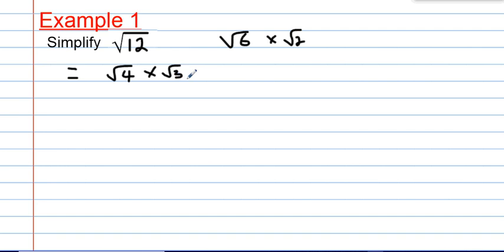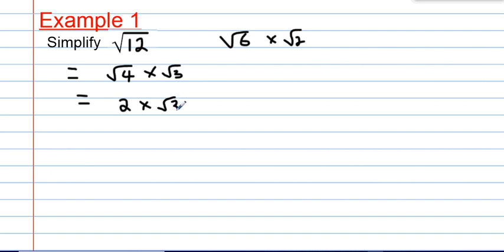If you are simplifying surds, always aim for the highest squared numbers. But if you can't find the highest one, aim for the easiest one you can see, and then break it down as you go along. So root 4 is 2 times root 3.